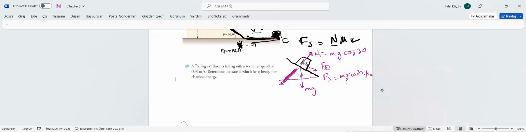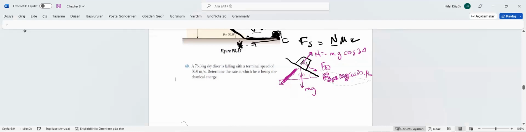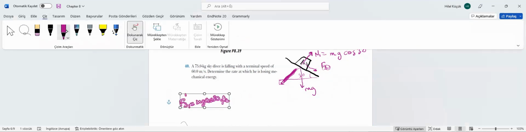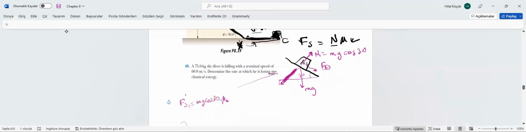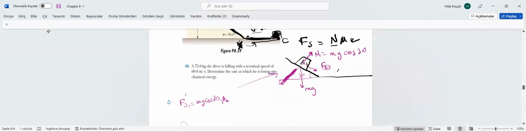And if you look at the second part, maybe I can move this one here. It belongs to the horizontal part, and you want to find the friction force at that point. It is easy.